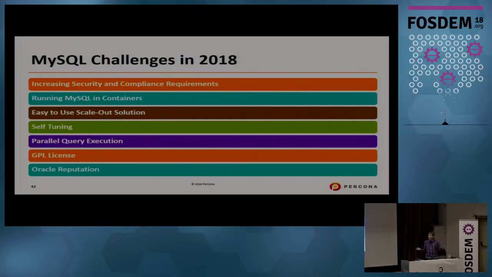We can see some new developments like Vitess, which are designed to make it less painful, but they are not so widely adopted yet. Parallel query execution is still not there, and it's needed now more than ever for MySQL to be more usable, handling medium complexity queries.